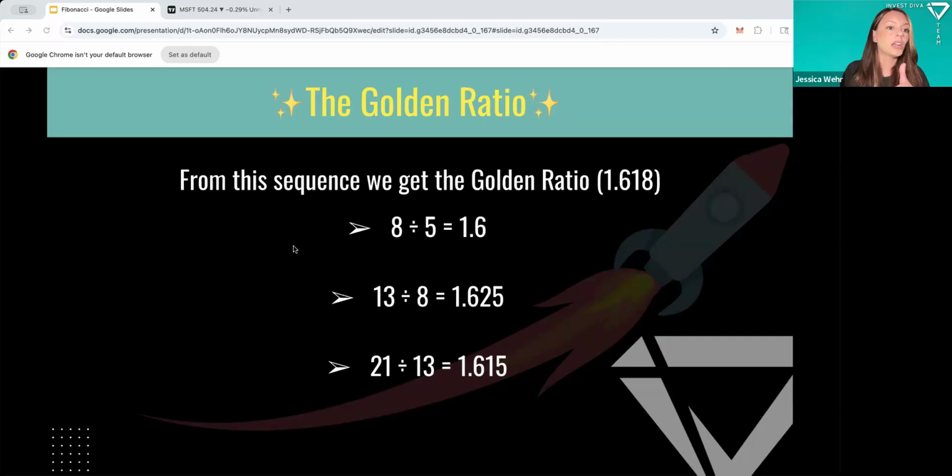So as we see here, 21 divided by, oh, and I forgot to say, how you get it is you divide one number in the sequence by the number before it. And that's how the sequence is formed. So the higher the number, the closer you get to that golden ratio number. And you can think of this ratio like nature's growth formula.